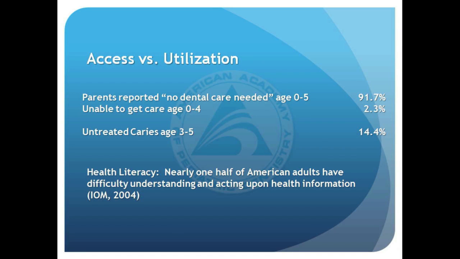And just to put that in context, according to our federal government, nearly half of American adults have difficulty understanding or acting upon health information. So you're looking at half of our adult population really not being very literate and health literate. So it's on us as professionals to help them understand the healthcare system and the need for treatment and what is available and how they can access and utilize that information.